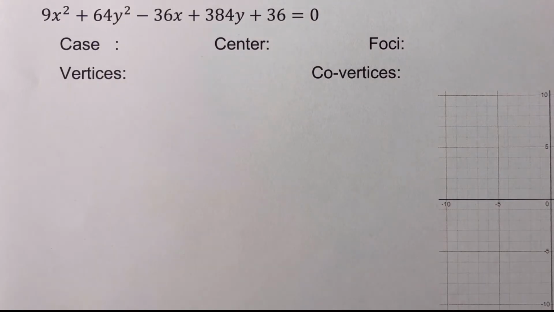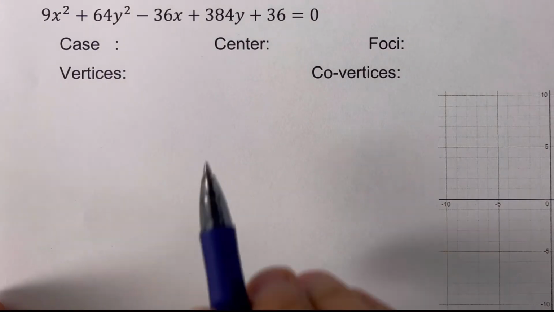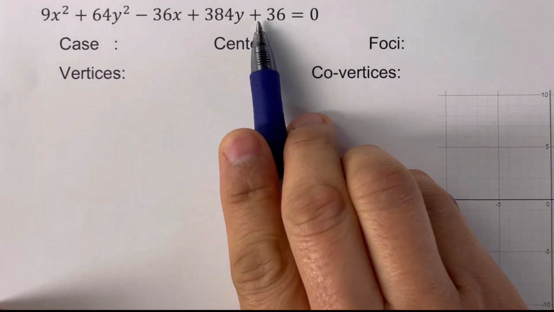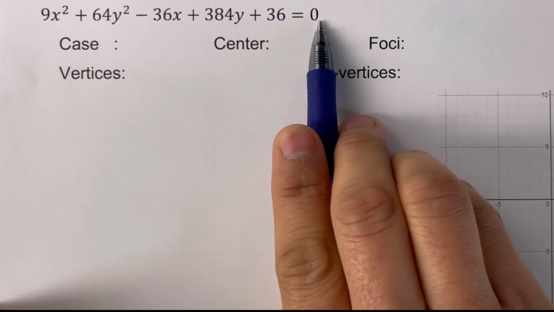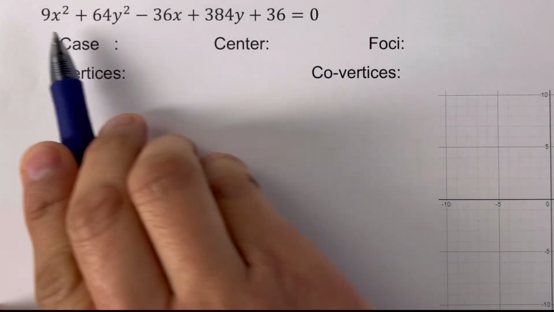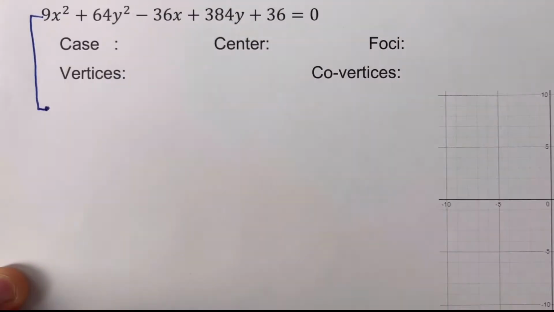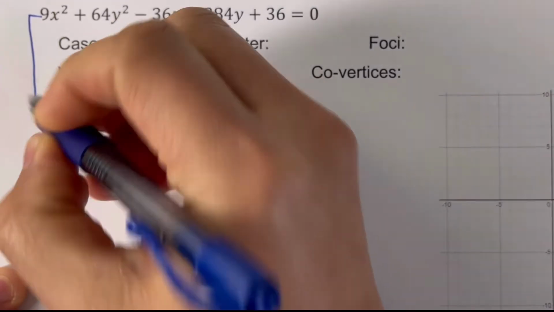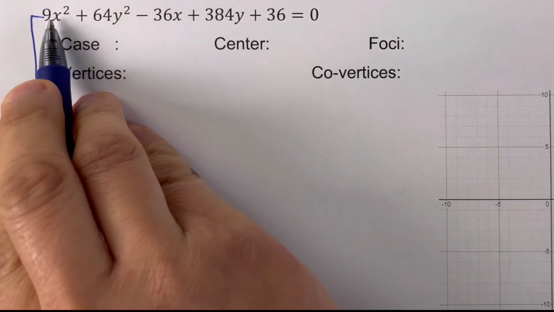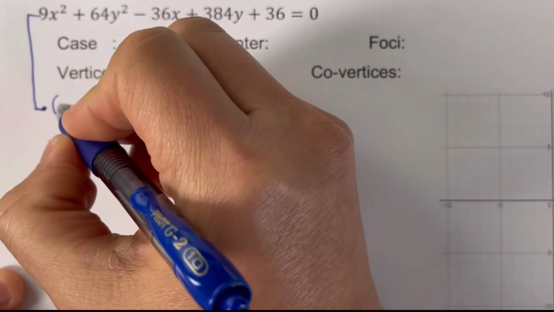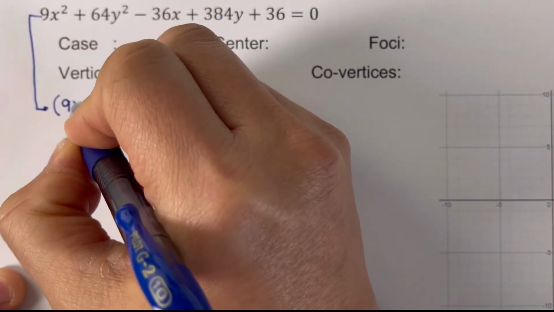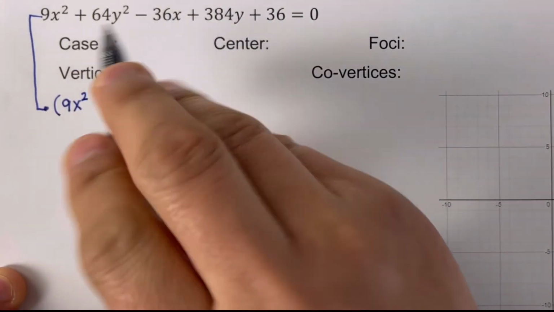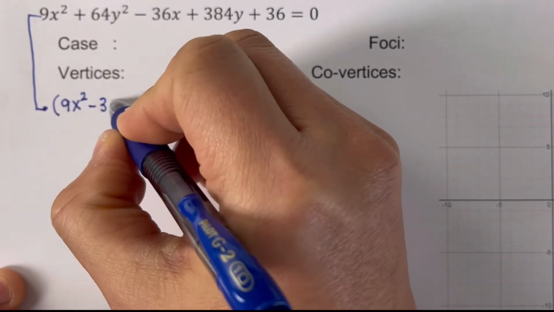In order that we can do that, the first step is to isolate the constant, which is the 36, to the right side of the equation, and we group all the x's. So we group all the x's first, the ones that contain the x. That is 9x squared, and we also have a minus 36x.